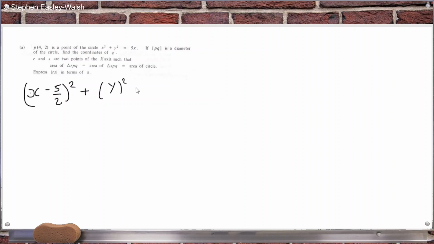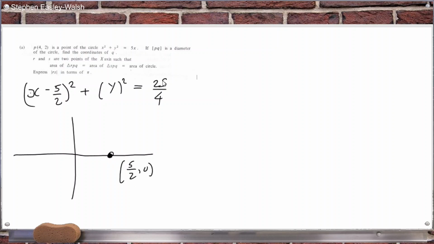Yeah, okay. 25/4. So you've got your circle here, center 5/2 and 0, and the radius is 5/2. Oh, that's interesting. So that means the circle just passes through the origin.